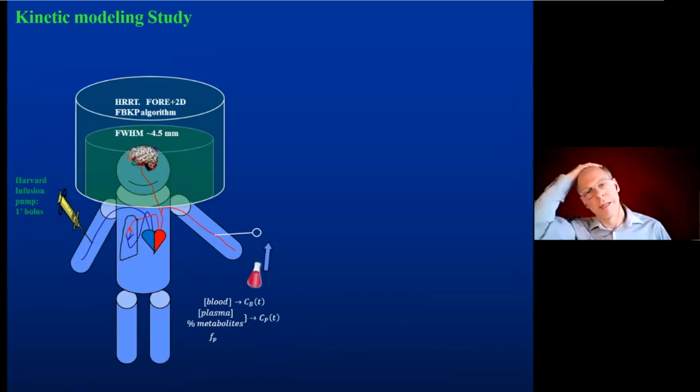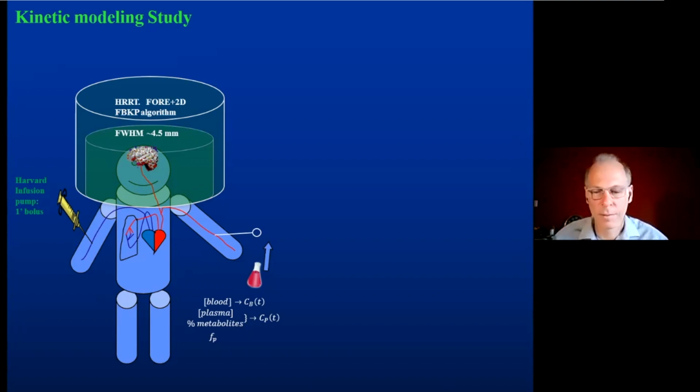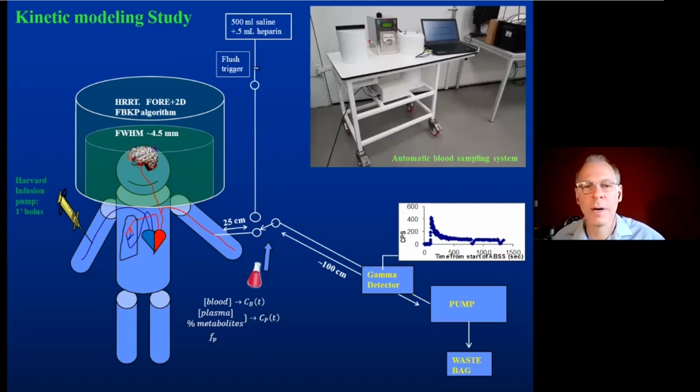There is more than one way to study the blood. I will present here the one that I usually use, which is based on an automatic blood sample system, which is this device. It has a pump that pumps blood from the arteries at a given rate.